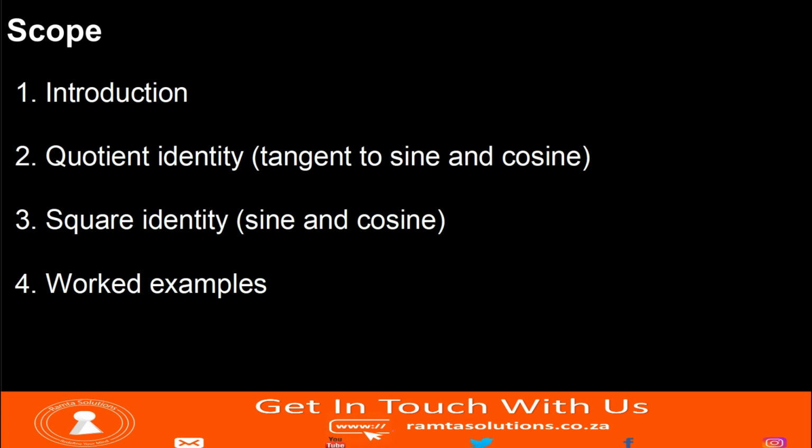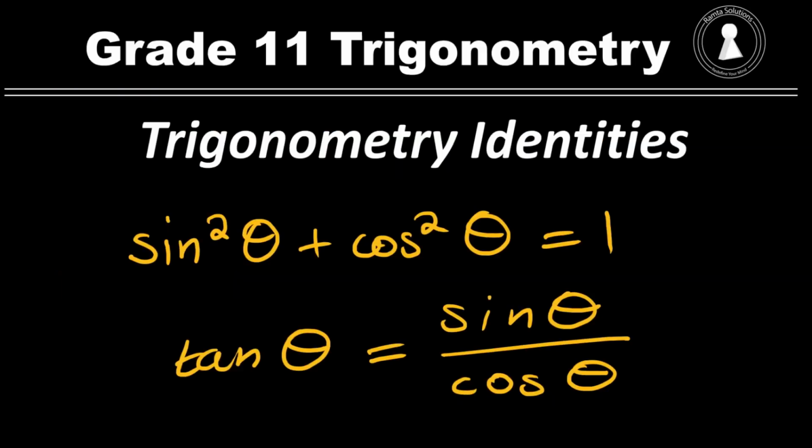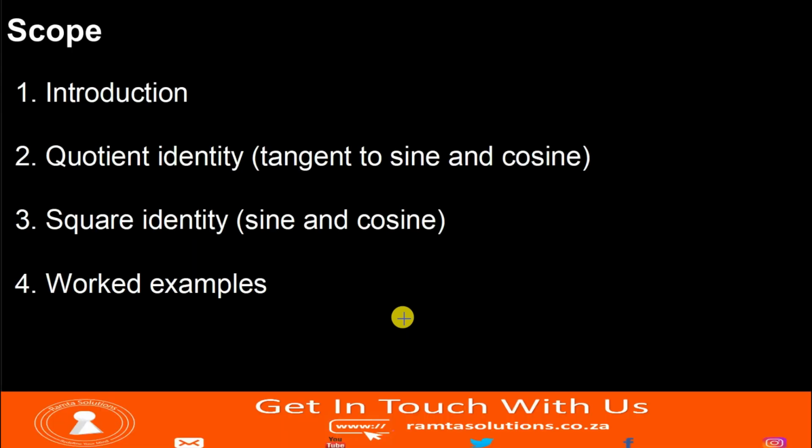We are also going to derive the square identity, which is the square of sine and the square of cosine. This is the information that you're seeing in this opening slide. And then we are going to try some examples.